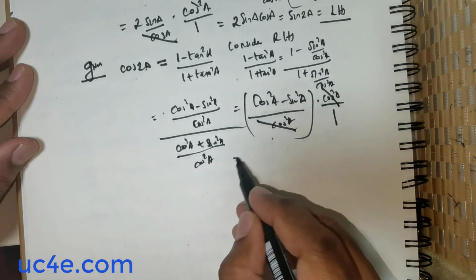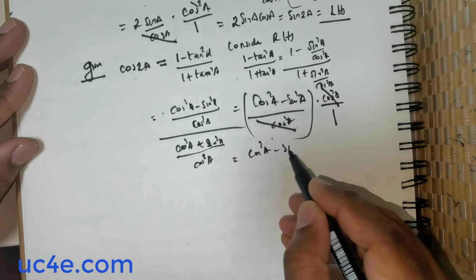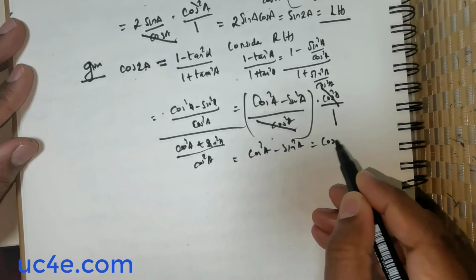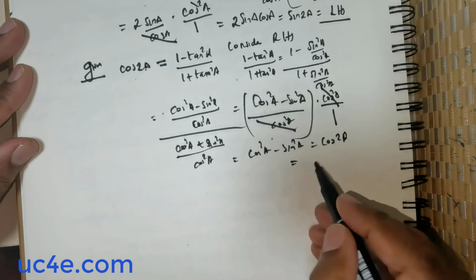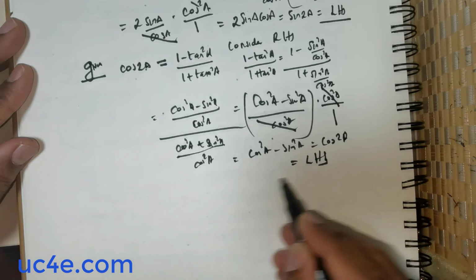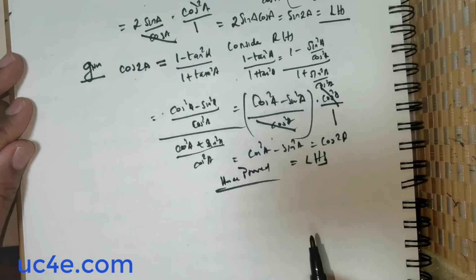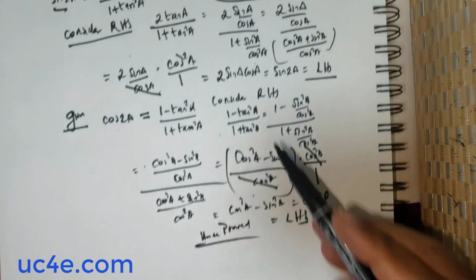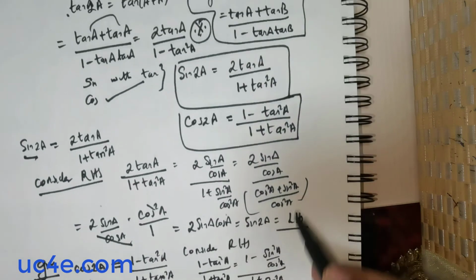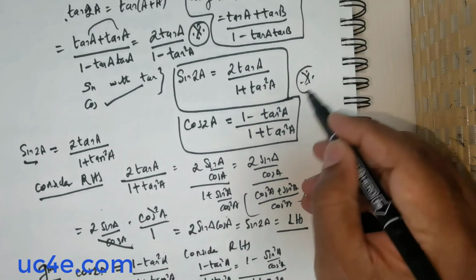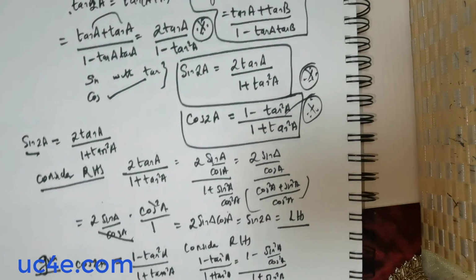Cos squared a gets cancelled, giving me cos squared a negative sine squared a, which is nothing but cos 2a, which is nothing but the left hand side, hence proved, right? So we have given the proof for the two formulae that we just represented here. So having given that, let's move on, students.